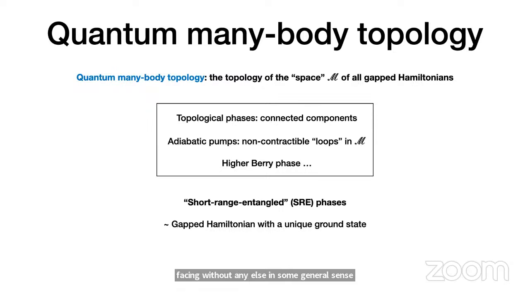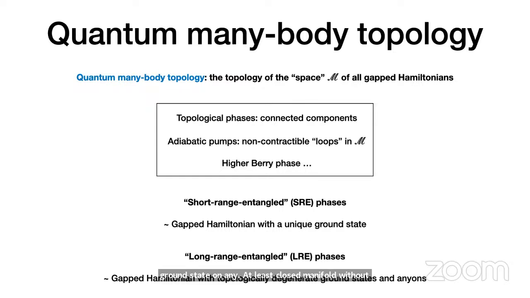More precisely, we can define them as gapped Hamiltonians with a unique ground state on any closed manifold without boundary. And there are long-range entangled states, basically anything that's not short-range entangled. They are typically Hamiltonians with topologically degenerate ground states, and they have non-trivial excitations like anyons.